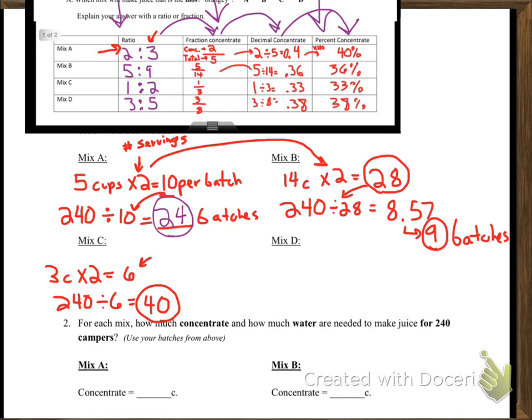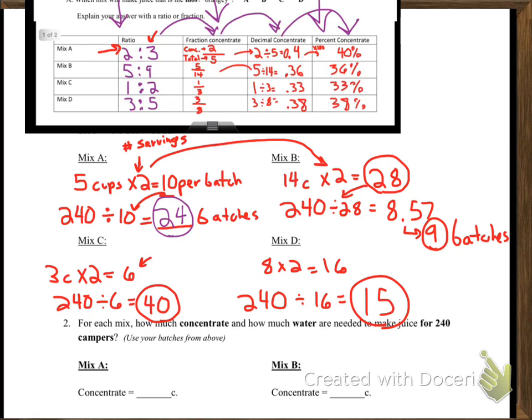Let me clean that up. 8 cups per batch times 2 gives me 16 cups per batch. If I do 240 divided by 16, what do we end up getting? We end up getting 15 batches on the dot. Okay.